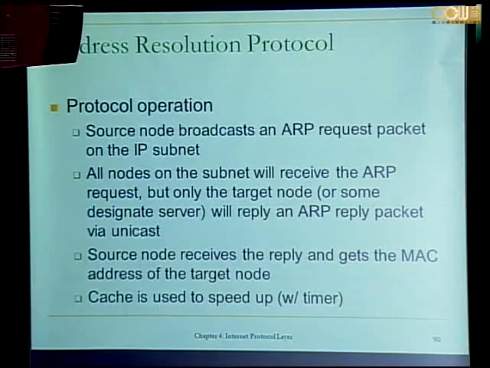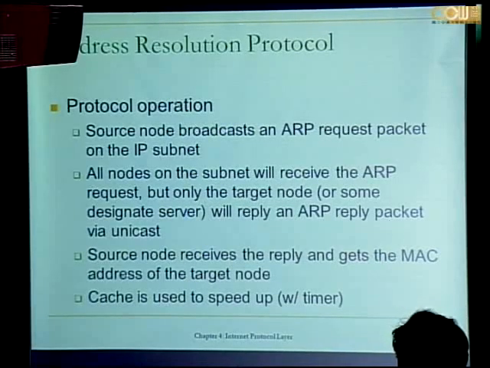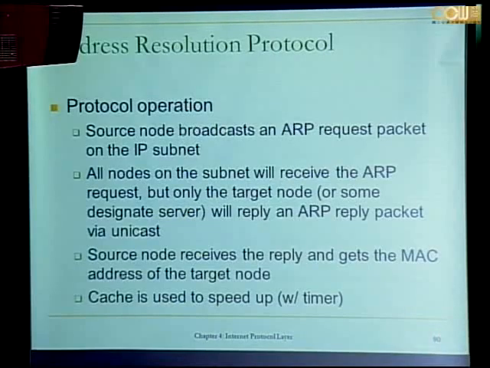But only the target node would send an ARP reply. Who is the target node? Well, the station with that particular IP address. The station with that particular IP address in the ARP request would reply with a unicast ARP reply. Then the source node would receive the reply and get the MAC address of the target node.